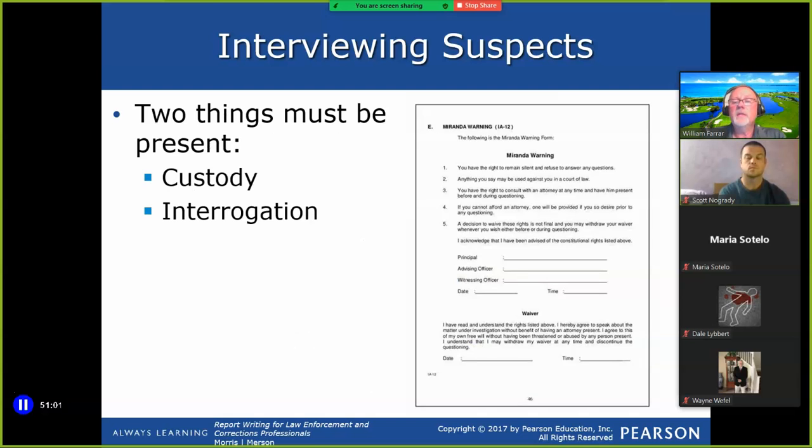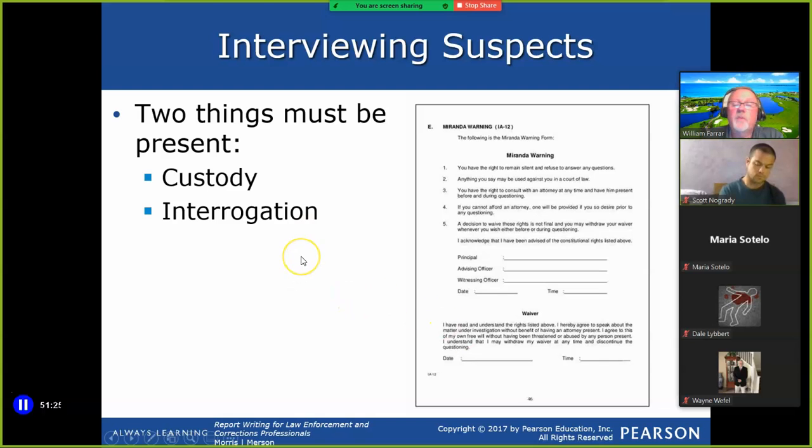The other thing is by a form. Okay, and hopefully you can see the form. I know it's a little bit small, but it's the same thing. It's got the Miranda warning. It's got a witnessing officer, your signature, and the person that you advised of their rights. And so they're signing the form basically saying that I've read this, you read me my rights.